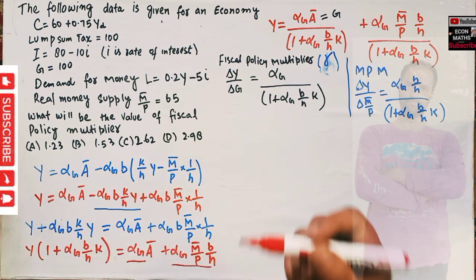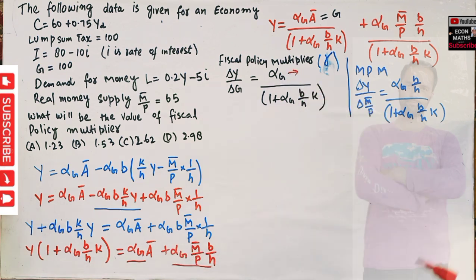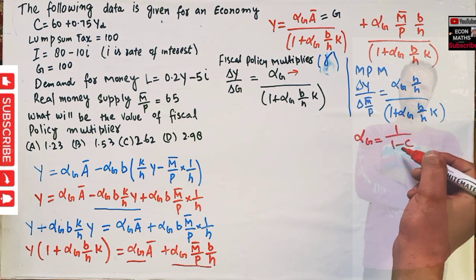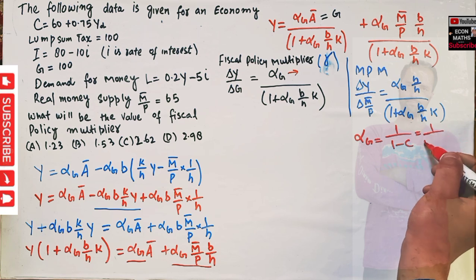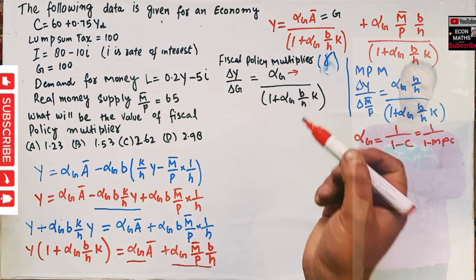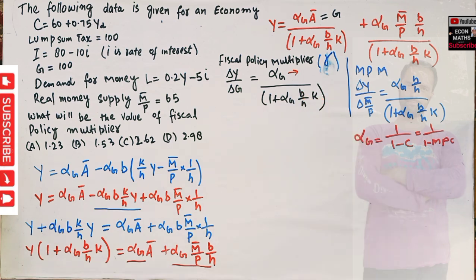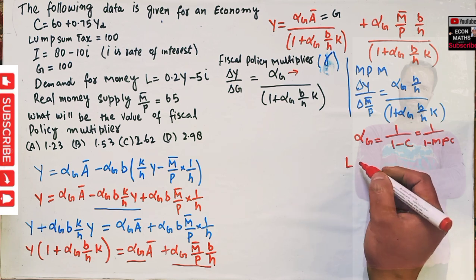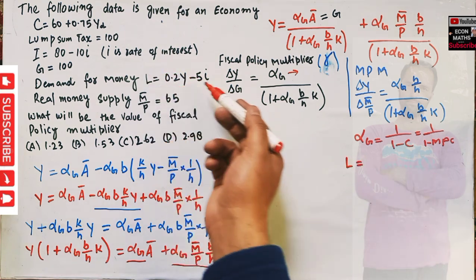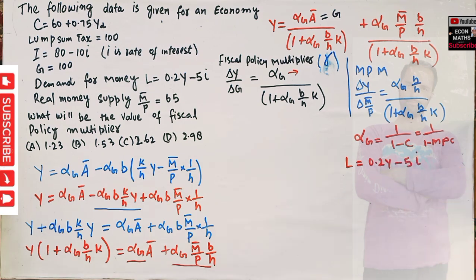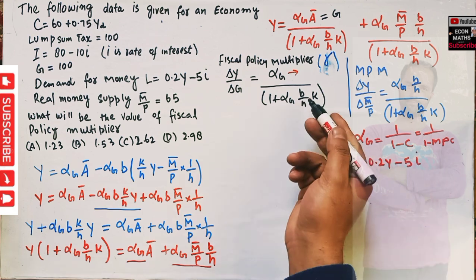Now what does this alpha g is? As I have told you, alpha g is equal to 1 upon 1 minus c, that means 1 upon 1 minus MPC. What is B, H and K? I have explained it. Demand for money is being given as 0.2Y minus 5i.